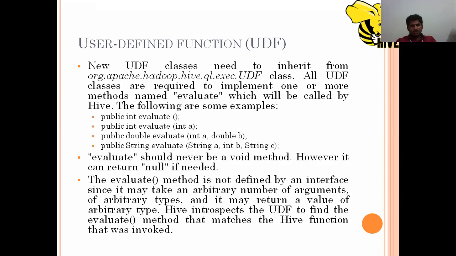So arbitrary types, and it returns a value of arbitrary type itself. So Hive introspects the UDF to find the evaluate method that matches the Hive function that was invoked. So it should match the queries, and we evaluate easily by matching.